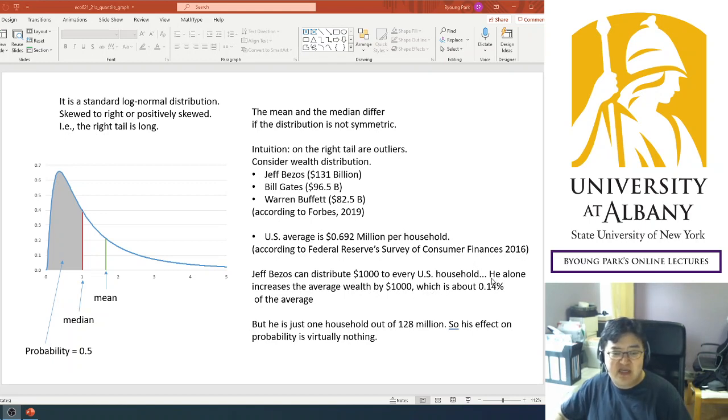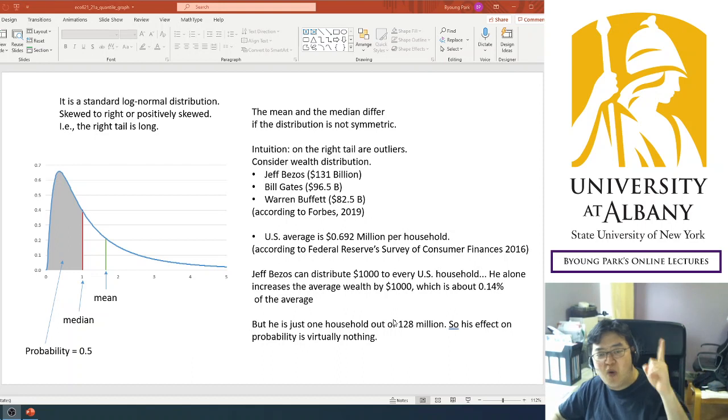That means he can increase the average by $1,000 by himself, one person, out of more than 100 million households. Jeff Bezos is just one out of more than 100 million as a number.